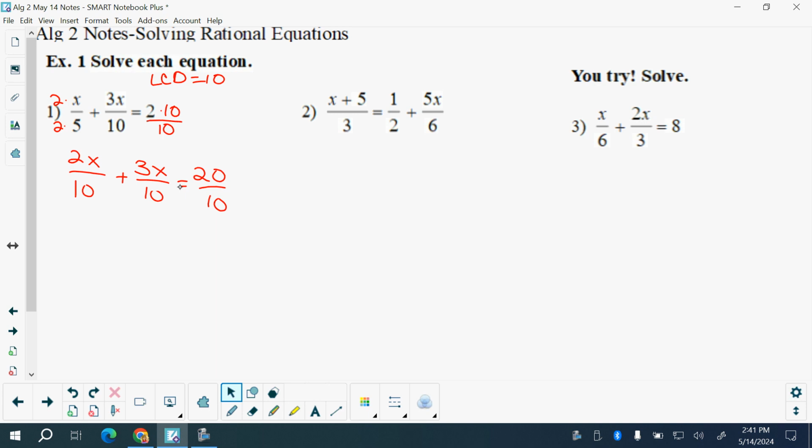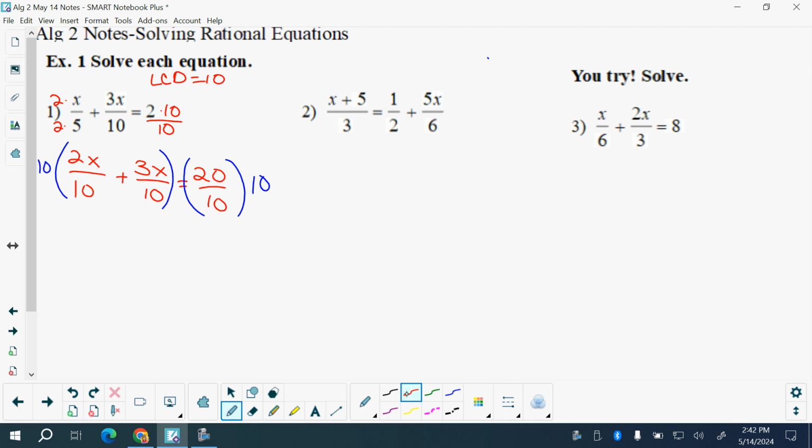Well, yes, multiply both sides by 10. Because it's an equation, we can now get rid of that fraction by multiplying by, now that we have a common denominator, we can multiply both sides by 10. So we're going to multiply this side by 10, and we're going to multiply this side by 10.